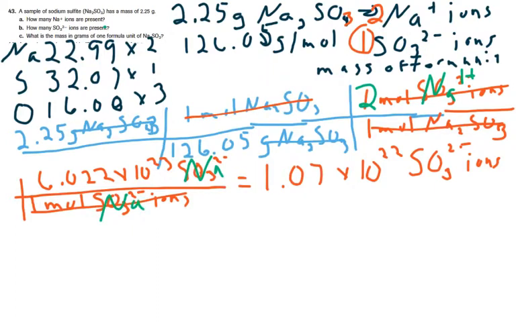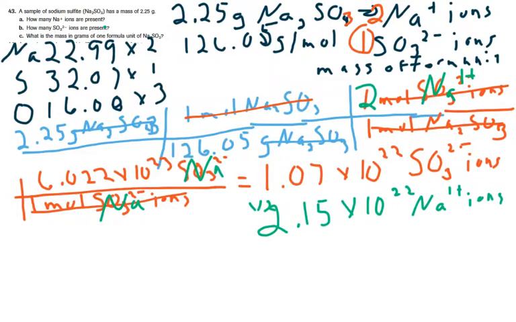So all we have to do, if you still have it on your calculator, if not, you re-enter it, but take the 1.07 times 2. And we get 2.15 times 10 to the 22nd sodium ions. Again, might have got like a 2.16. That would be okay.